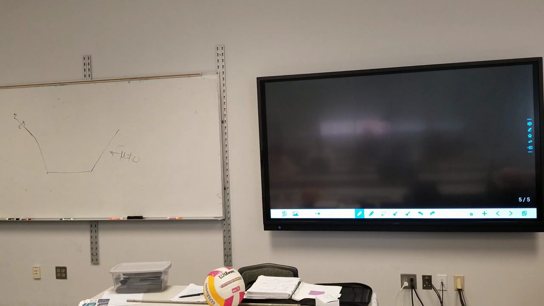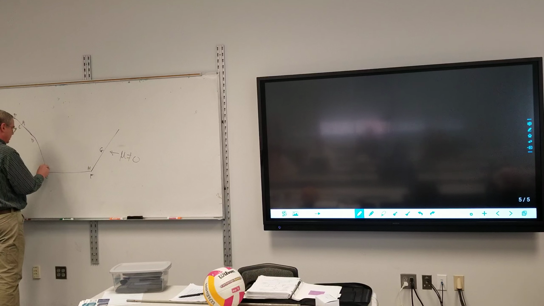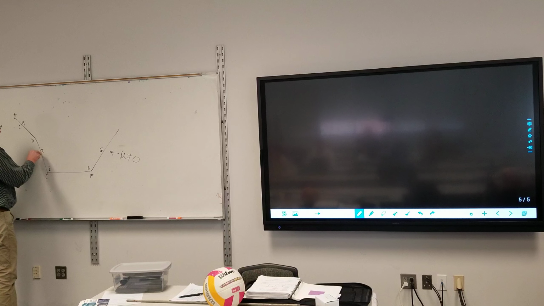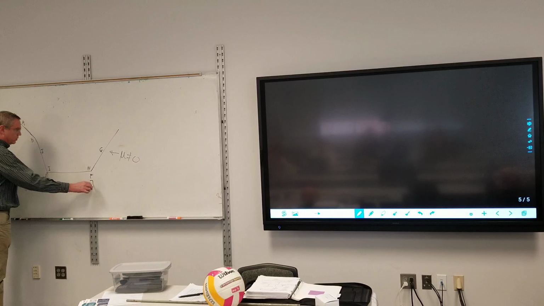Alright, so I did put it here. F, G, I. That is it. E, I, F, and H were on the flat surface. F was the last movement. So it's completely on the flat surface in these regions right here. So I'm just going to put a notation right there.